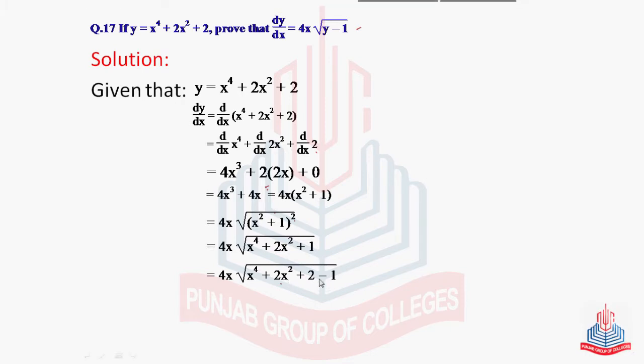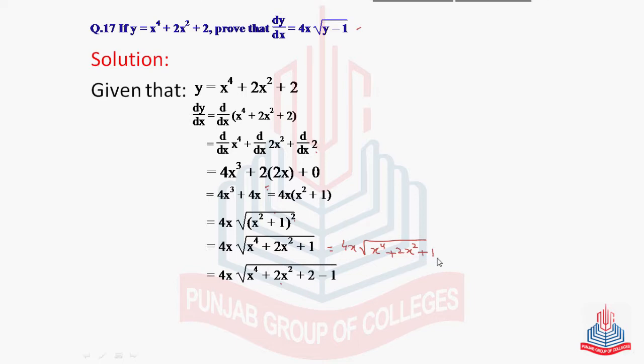So that will become 4x square root of x^4 plus 2x square plus 1, this one is in the square root portion.